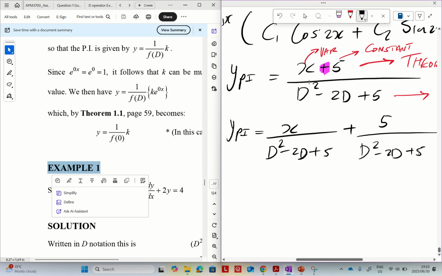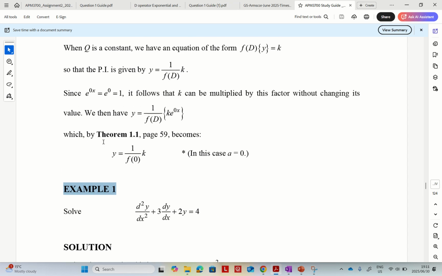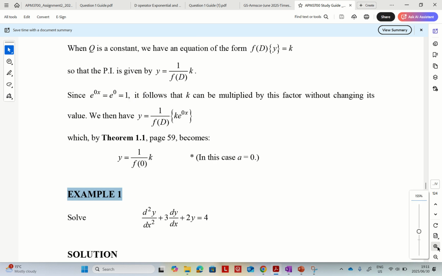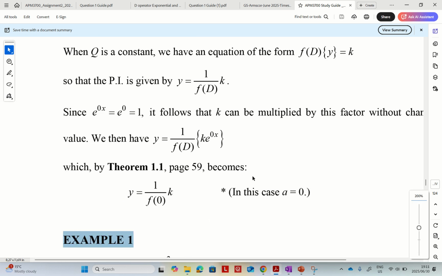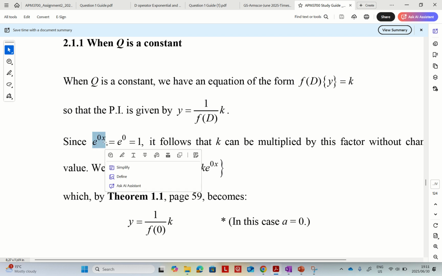For your constant, I already explained this part. Someone asked me, why did I use e to the power 0x?